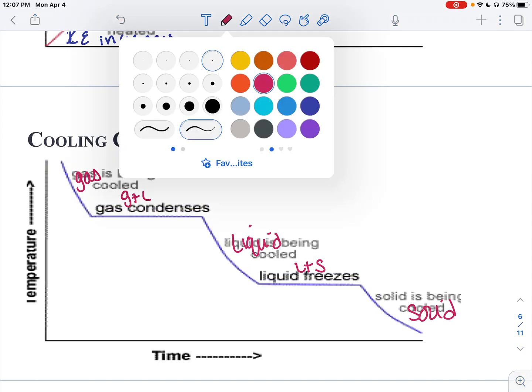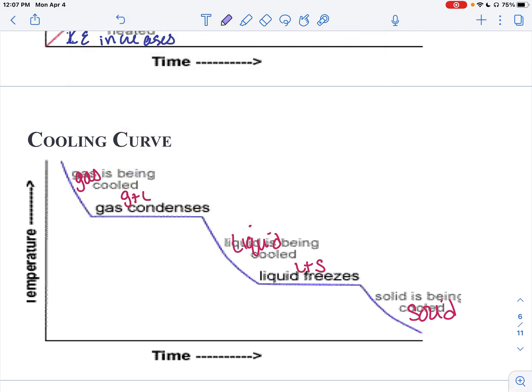We can also label the kinetic and potential. So here, KE is decreasing on all the diagonal lines. And then on our horizontal lines, we have PE decreasing.